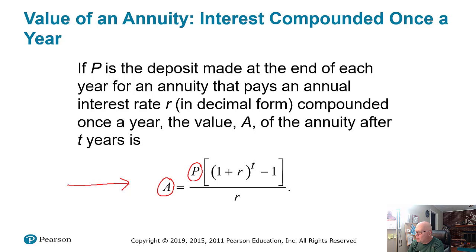In the previous example, it was $1,000 at the end of every year. The R, of course, stands for annual rate. T is the time in years. Make sure if anything is in months or something else, convert it to years. This is just a -1, and this rate goes in that formula twice. There's your value of the annuity formula.